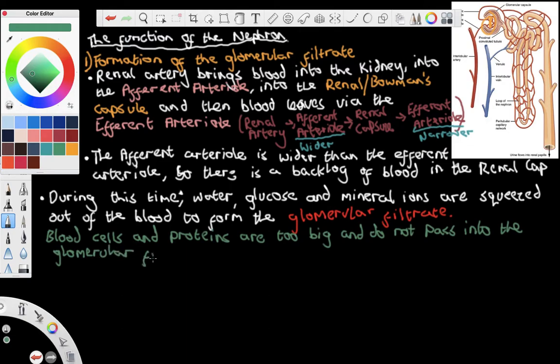So the blood cells and the proteins can't be squeezed out of the blood. They remain in the blood.